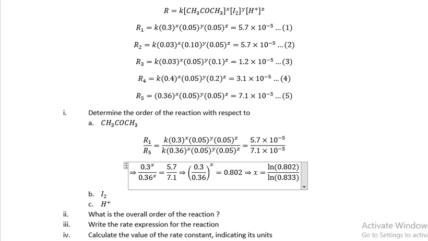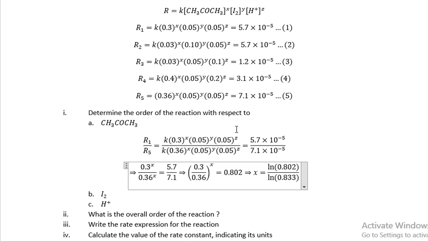Anyways, let me try to use the whole value, that is the logarithm of 5.7 divided by 7.1, divided by the logarithm of 0.3 divided by 0.36. Yes, we have an approximate value of 1.2.